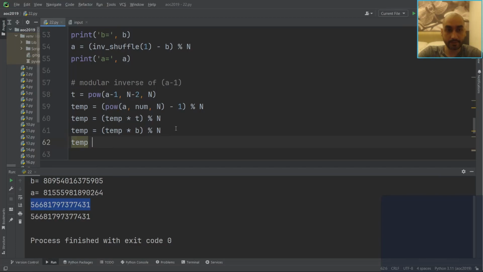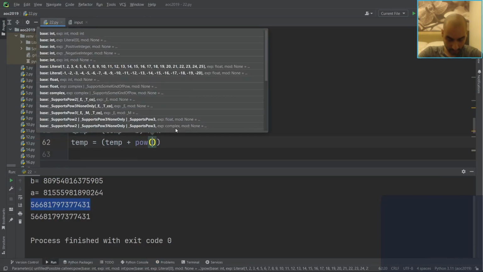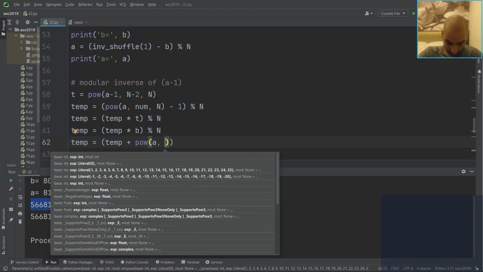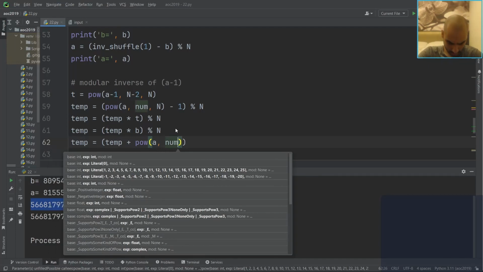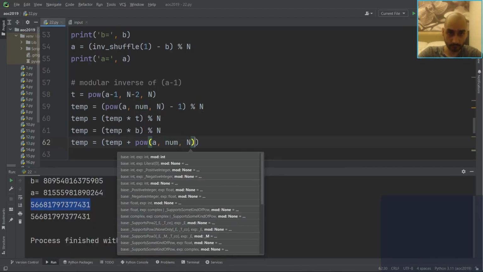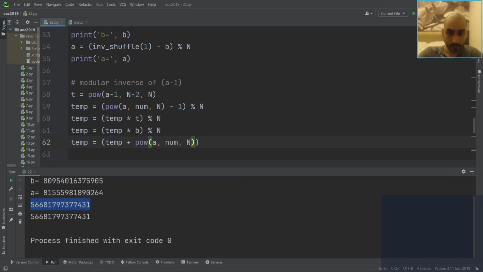And then finally temp equals temp plus power of A to the num, which we've computed once already, times index 2020, percent n.